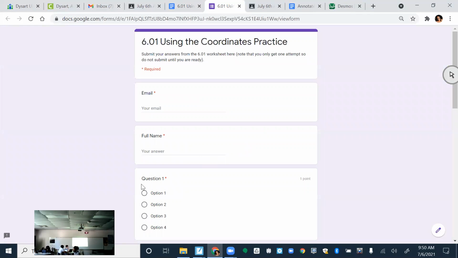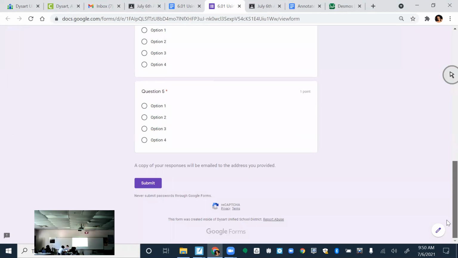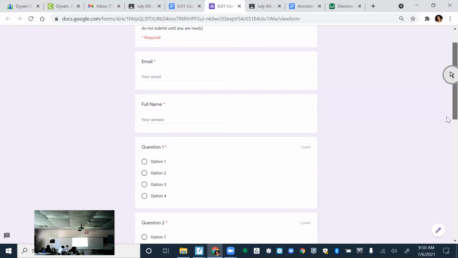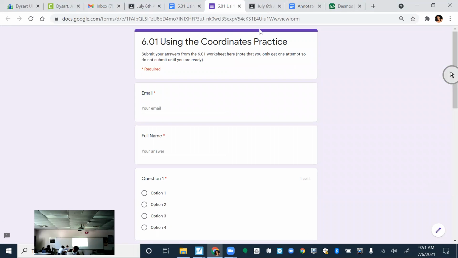It says question 1 with option B. That's how I'm giving you the grade for these items. You only get 1 attempt, and I am looking at your scores. If you get a 0 on it, I might deduct some points, so use that 1 attempt wisely. Any questions?